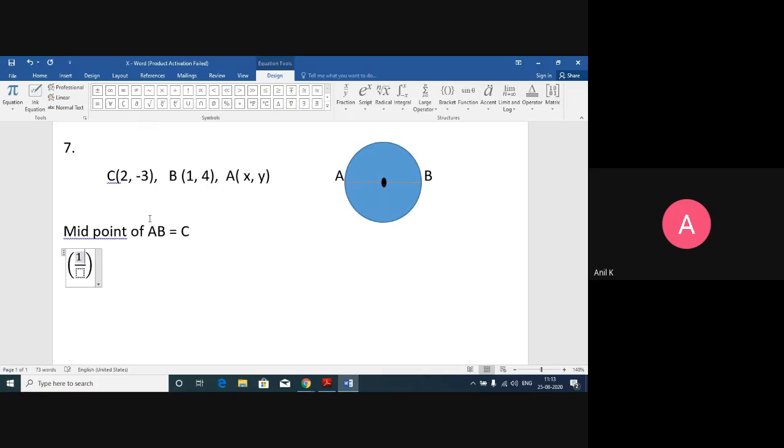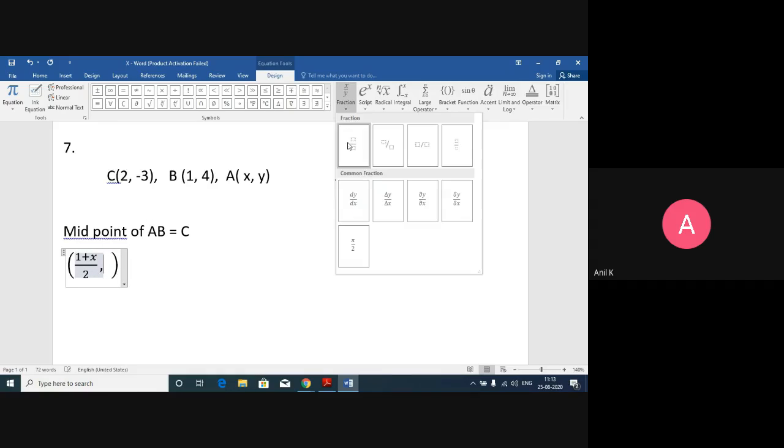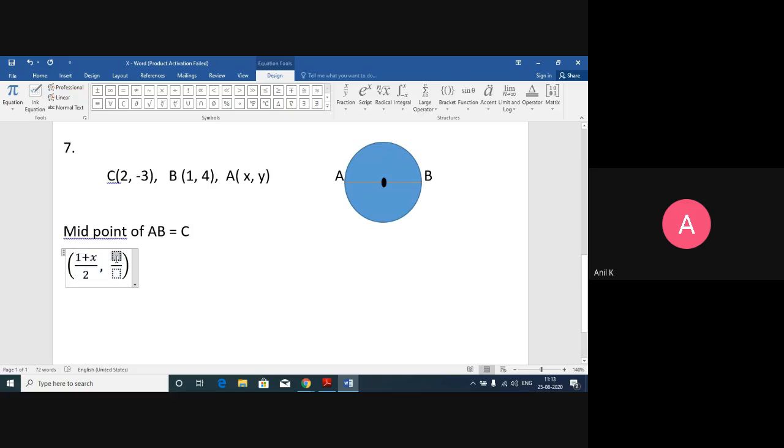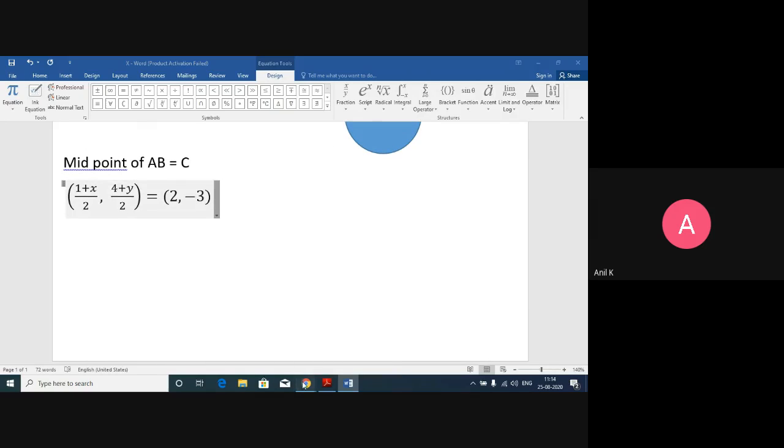So I'll get 1 plus x upon 2 comma 4 plus y upon 2. This is the midpoint which I got by using the formula on AB, which must be equal to the given midpoint, that is the coordinates of C, 2 comma minus 3. Is this step clear for everyone?